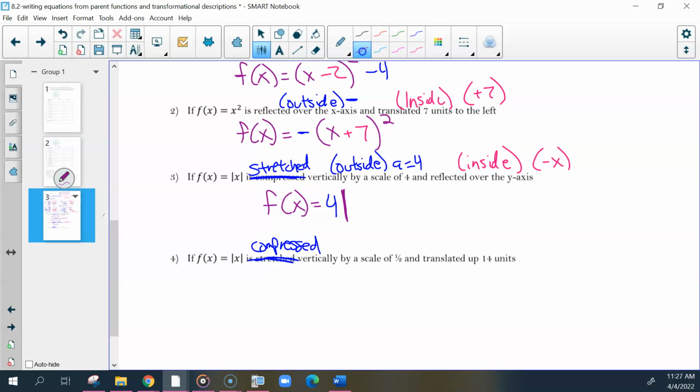And then we have our absolute value sign, x, reflected over the y-axis, so we have negative x. If you wanted to, you could put it in parentheses.